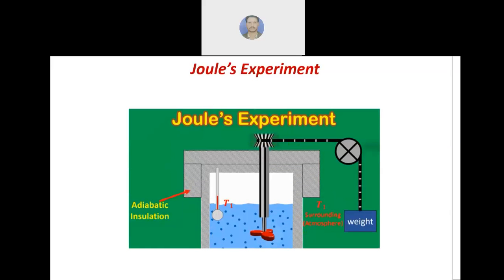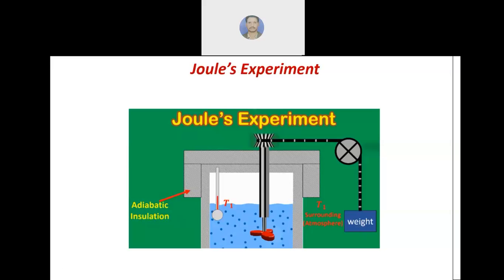Now, this is a setup that Joule or his team made. Look carefully. A beaker is there which is filled with water. This blue color is water, and these circular things are nothing but molecules or atoms.